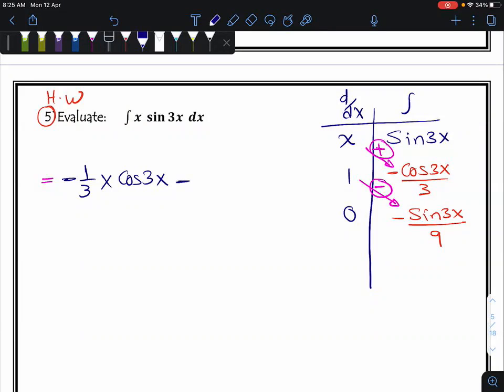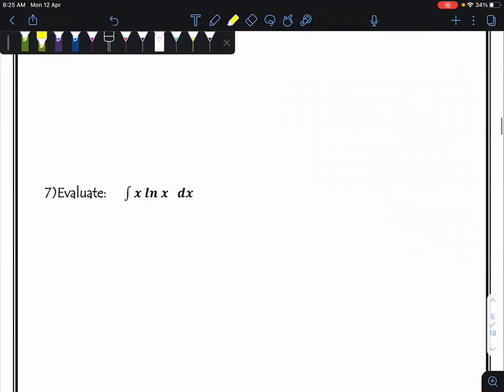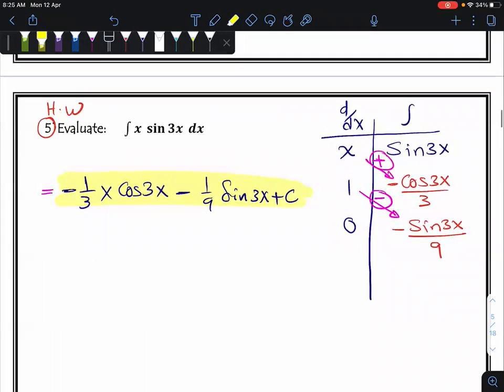And next, negative times negative is positive: 1 over 9 sine 3x plus c. Shouldn't it be positive? Which one positive? Negative is positive. Yes, this one I said positive, but I wrote it negative.